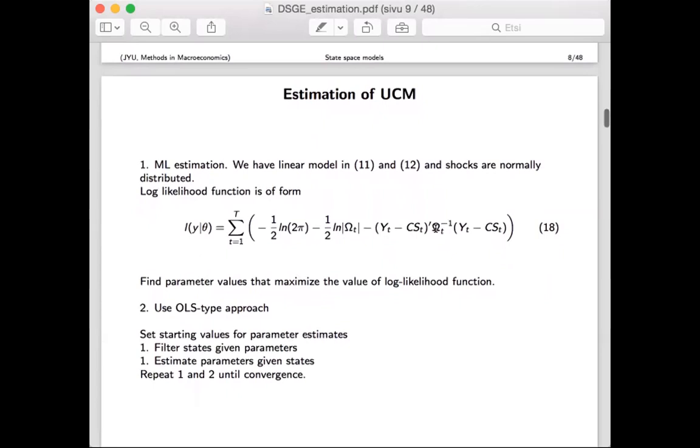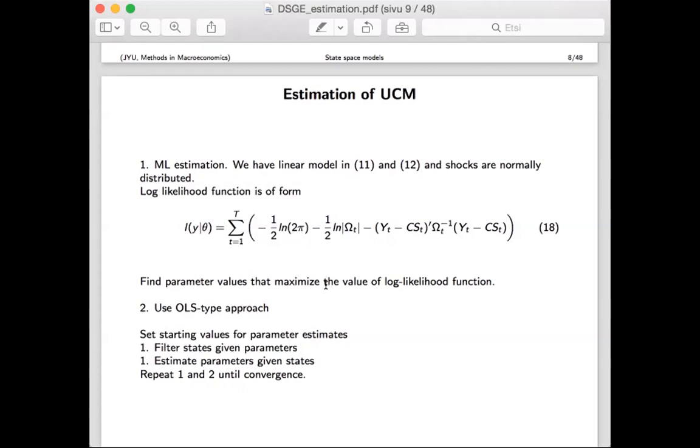And then we have this variance covariance matrix of forecast errors. And then one simply finds parameter values for model parameters which maximize the value of this log likelihood function.